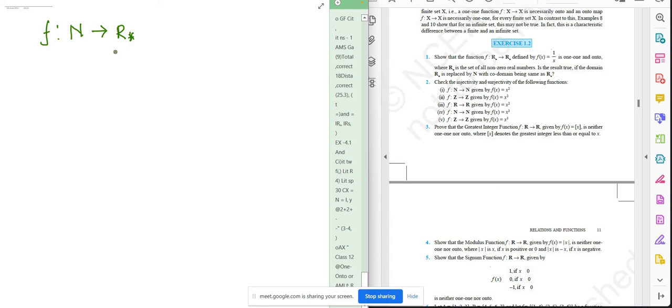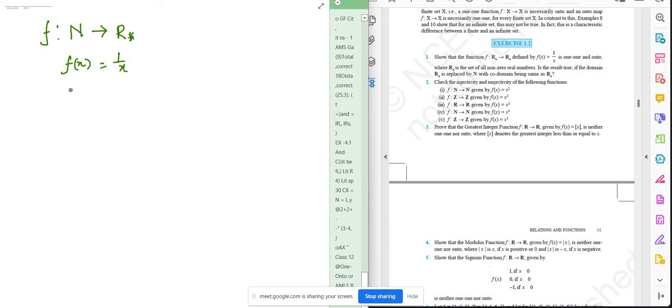It will not be onto. But is it 1-1? Because for distinct elements of natural numbers, you will get distinct images. Here fx equals 1 by x.